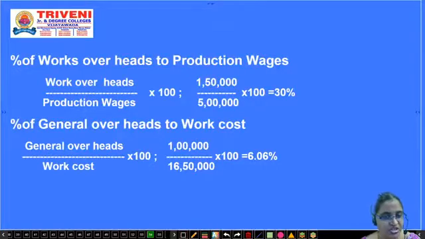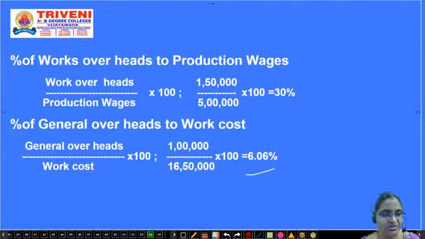In the cost sheet, you find the gross work cost 16,50,000. So 1 lakh by 16,50,000 into 100, now you got 6.06%. This percentage means office and administrative expenses were 6.06% of the work cost.